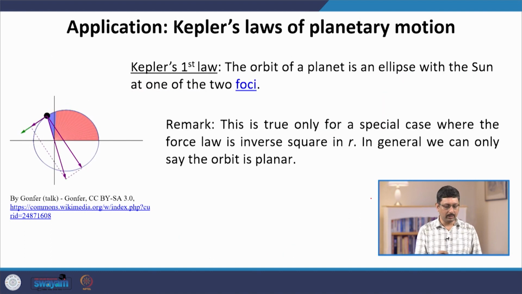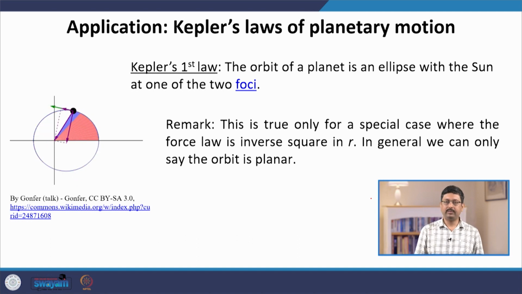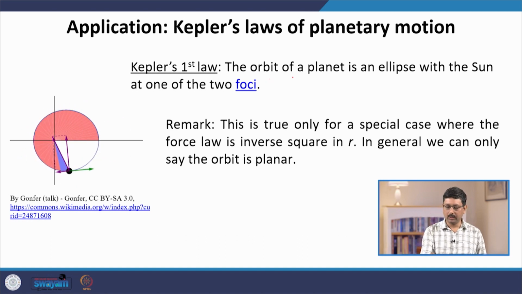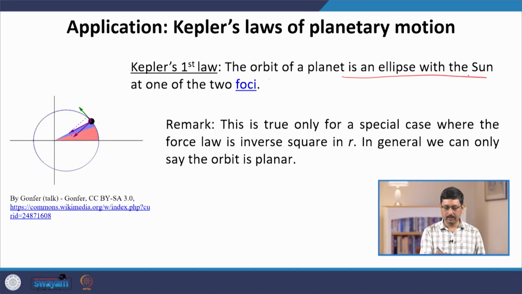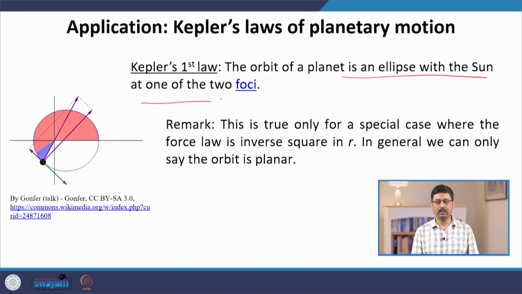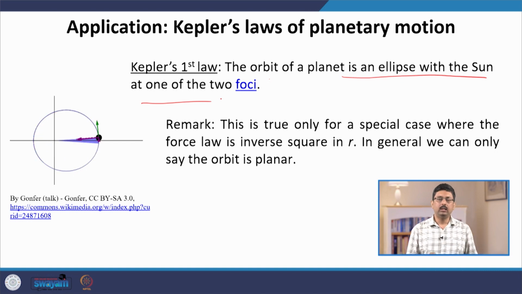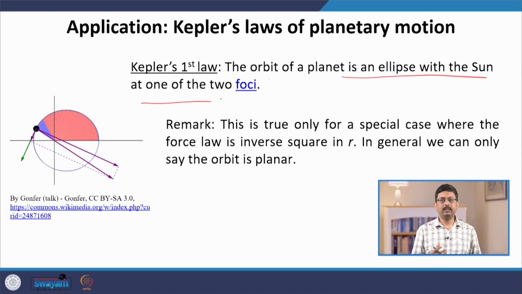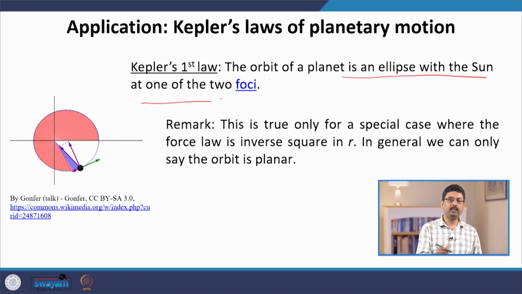I also mentioned the nature of the trajectory. So, Kepler's first law says that the orbit of a planet is an ellipse with the sun at one of the two foci. Now, from this simple analysis of the conservation of angular momentum, we can only say that the planet must move in the same plane.